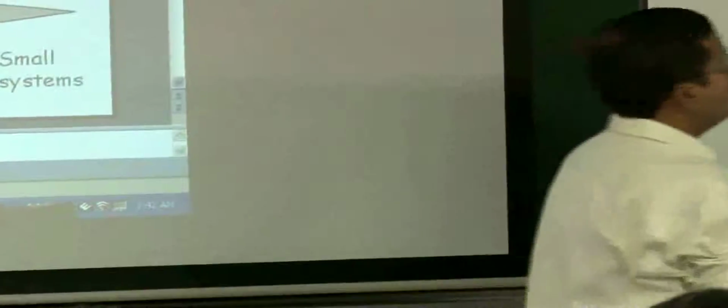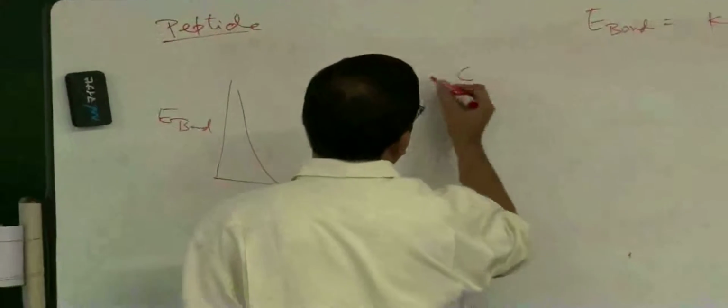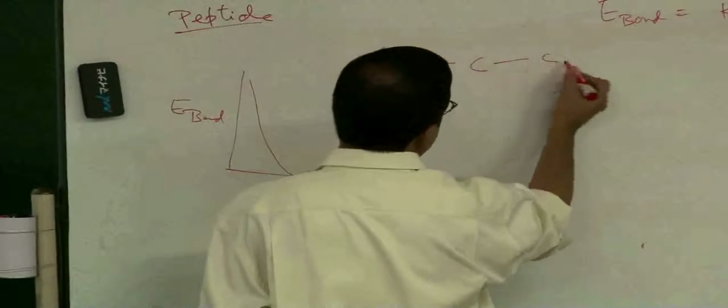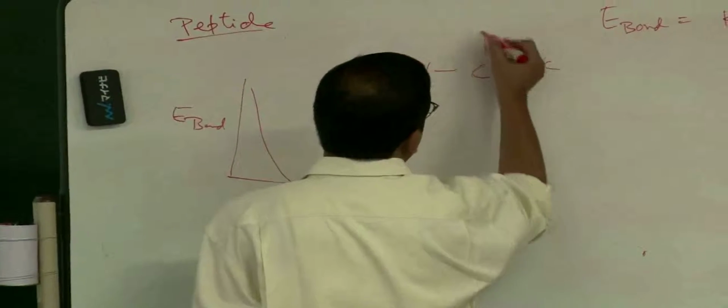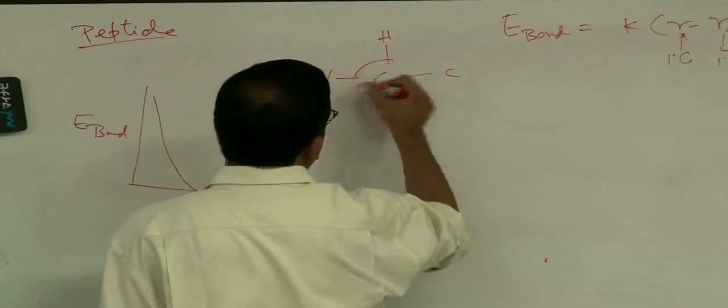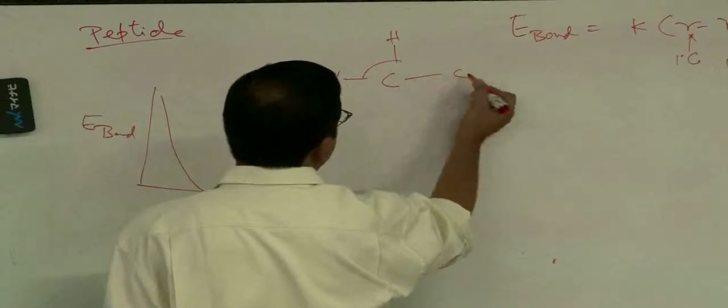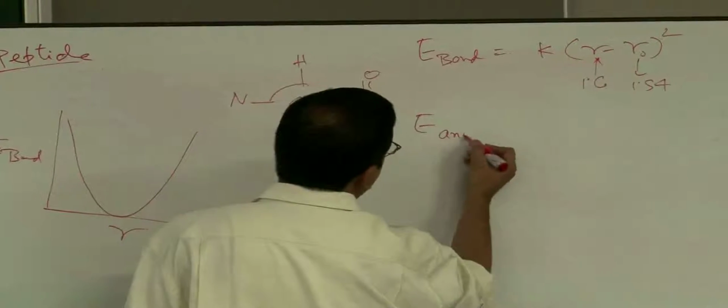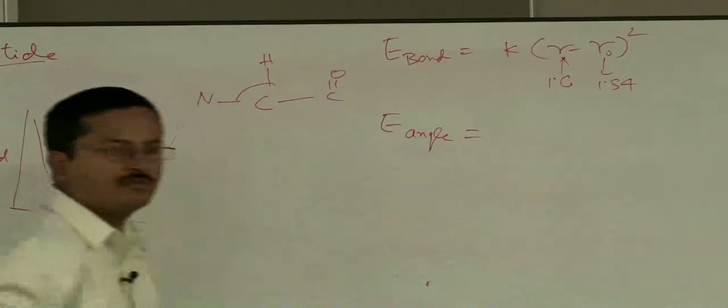Okay. So, this is the bond, but your protein also has angles, for instance NCH or NCC. So, we need to calculate the energy of the angle also. What is the meaning?